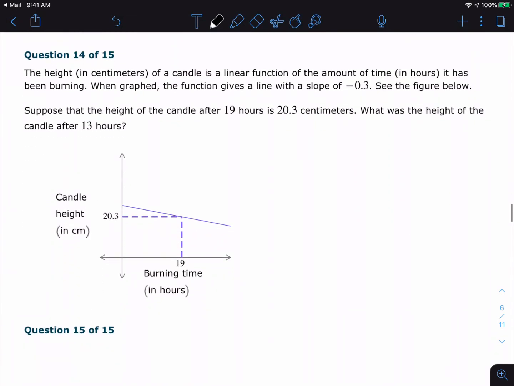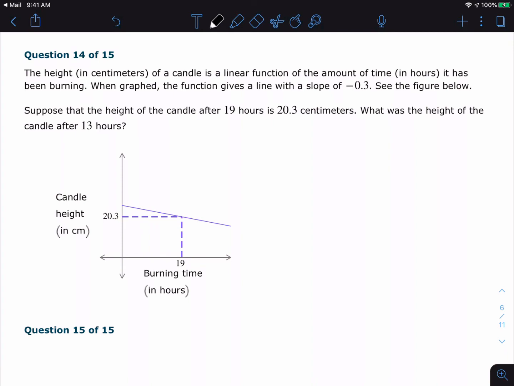All right, number 14. The height in centimeters of a candle is a linear function of the amount of time it has been burning. The graph of the function gives a line with a slope of negative 0.03, you see the figure below. Suppose that the height of the candle after 19 hours is 20.3 centimeters.